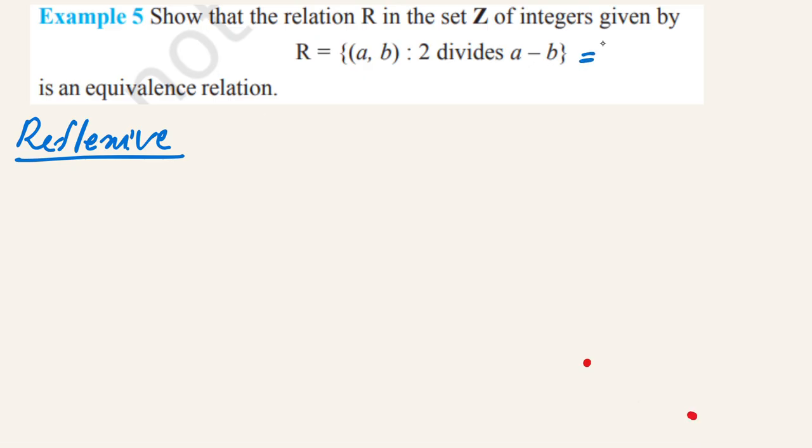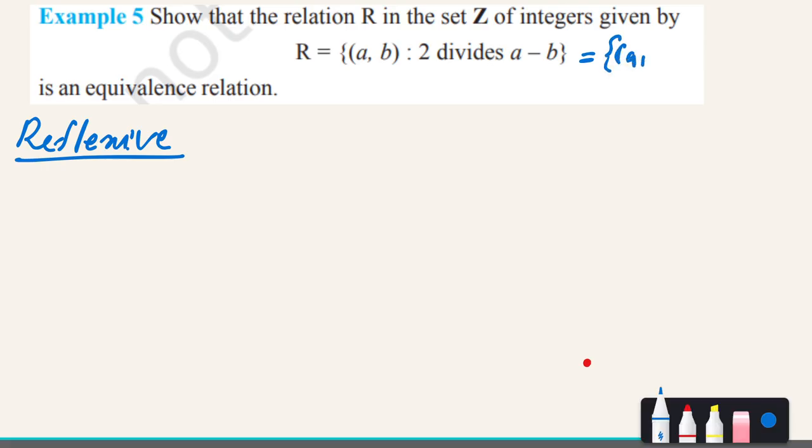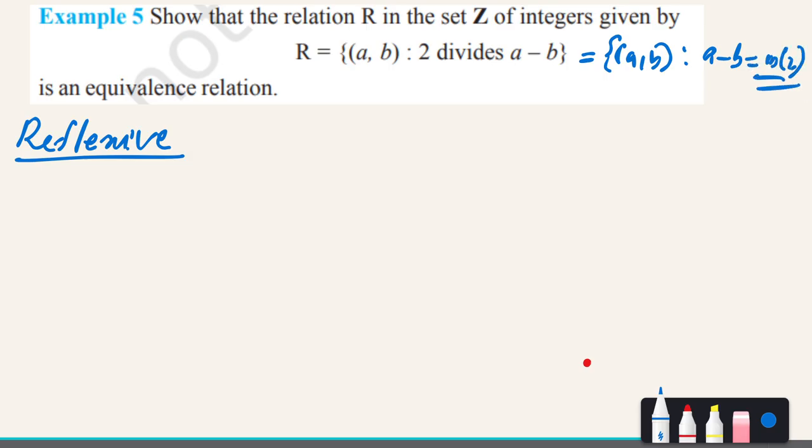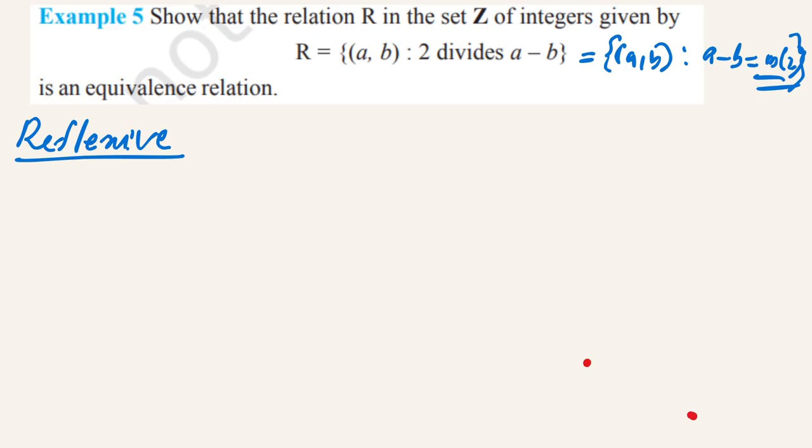So the ordered pair AB such that 2 divides A difference B. That means A difference B should be a multiple of 2. That's the meaning. Okay, dears. If it is a multiple of 2, obviously it can be divided by 2, completely divisible by 2.